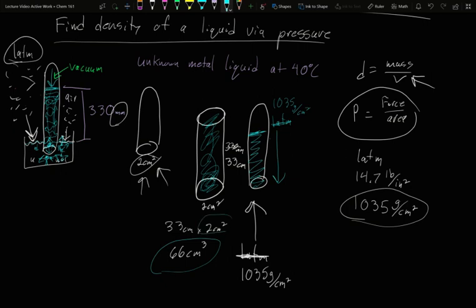My base is 2 centimeters squared. I can figure out my weight by knowing what the downward force must be and the area it is pressing down on. For every 1 centimeter squared, I would have to have 1,035 grams of material. I have a bigger base, so there's just more weight.